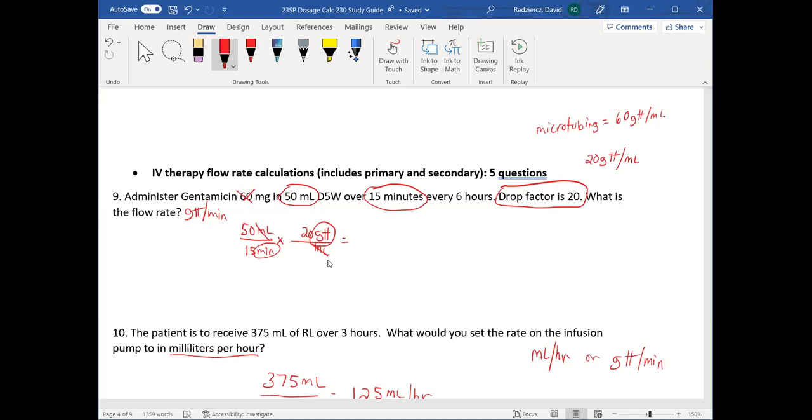And so sometimes it's better just to go back to your roots if you haven't already, and dive into dimensional analysis just to get a good foundation. But 50 times 20 divided by 15 will actually give me 66.6 repeating. Okay, so I can't have a decimal drop. So I'm actually just going to round it to 67 drops per minute.